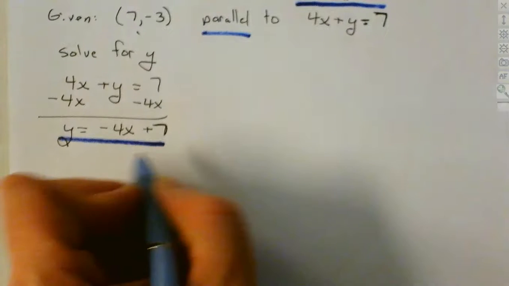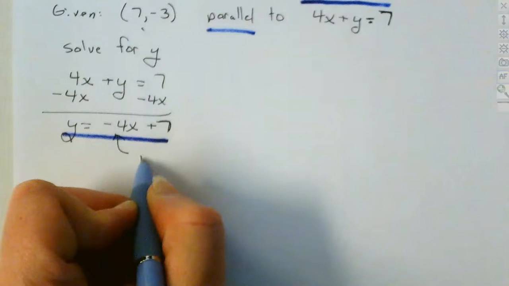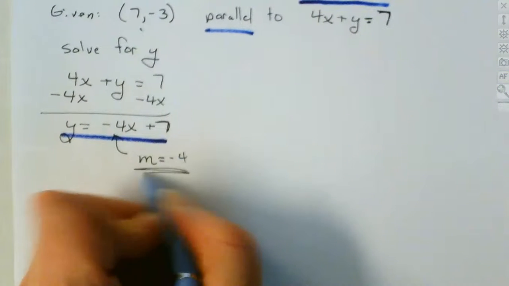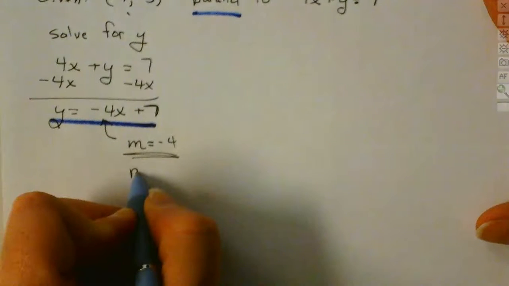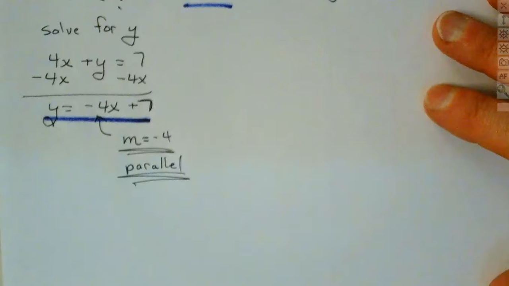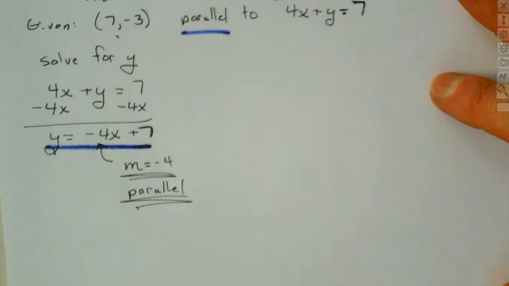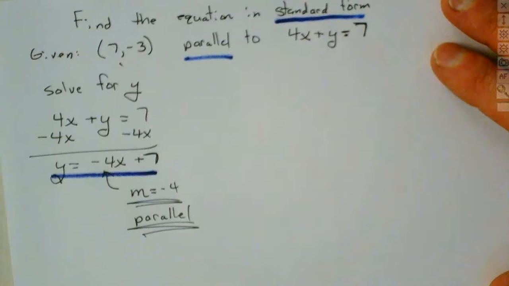So what is my slope? My m is negative 4, isn't it? So that's the slope I'm going to be using. And this is the parallel slope. That's what I want. It says parallel, so I don't have to change it. I keep it exactly the same as it is.